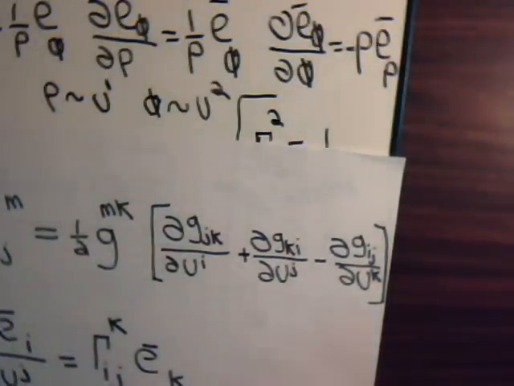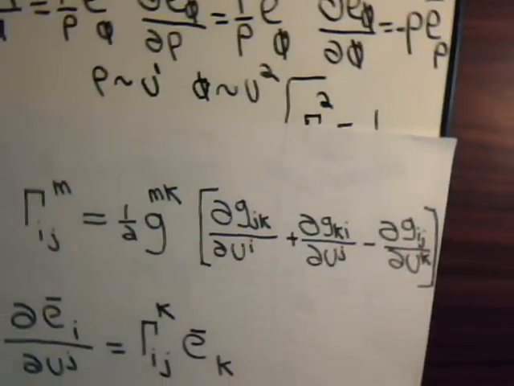And usually when we want to determine what Christoffel symbols are, it's more common to use this approach than to use this approach. So come back and join us for the next video. We'll use this method and once again redetermine the Christoffel symbols for cylindrical coordinates.